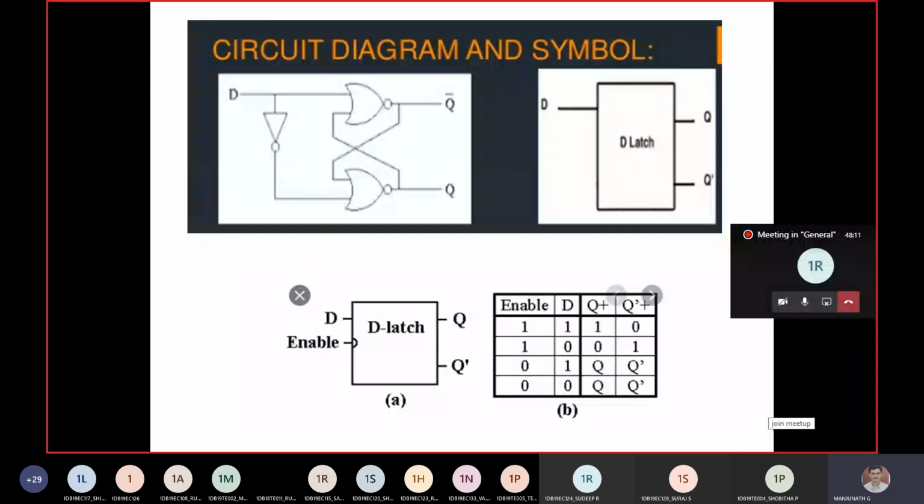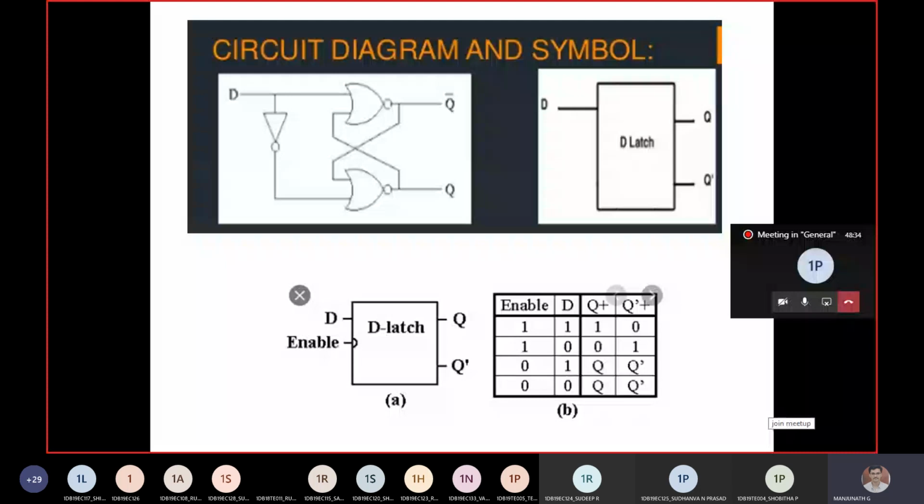What happens if NOT gate is not there? Yeah, I'm asking you only. Sir, it goes to high impedance. Okay, good. You just put the input D as 0. Okay, we'll analyze here. So we'll take D equal to 0 here.